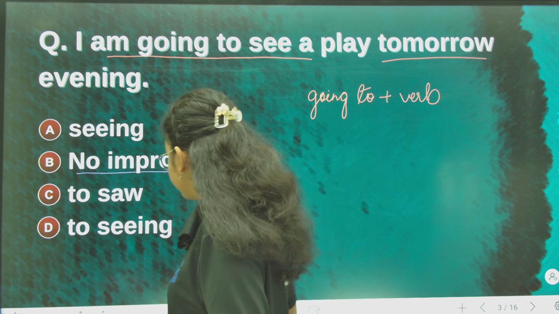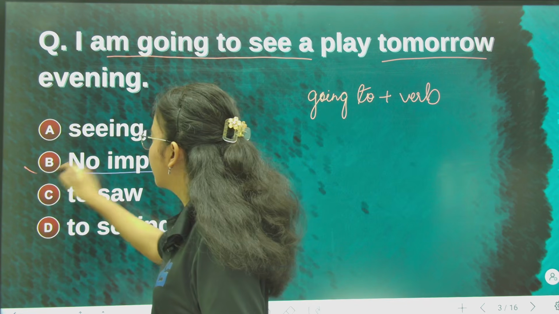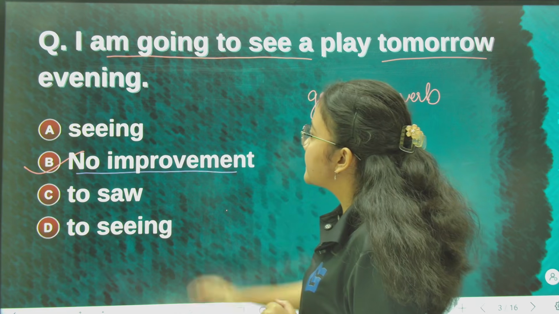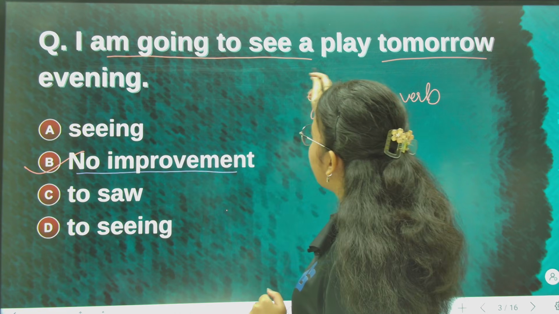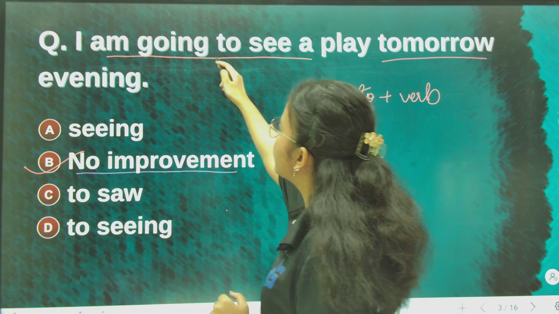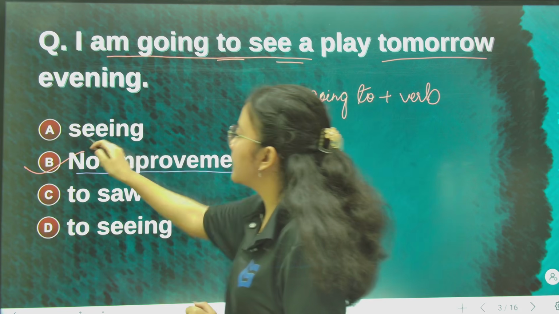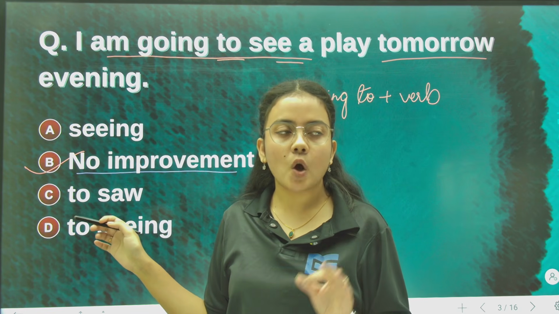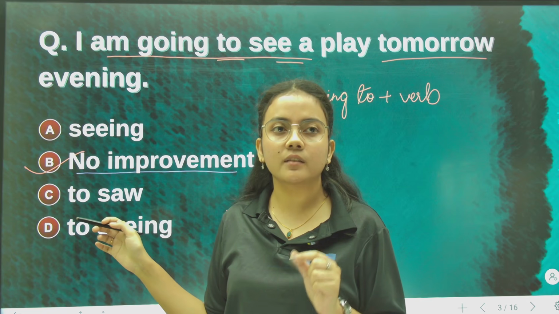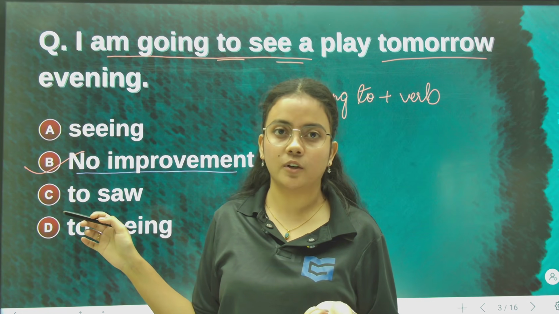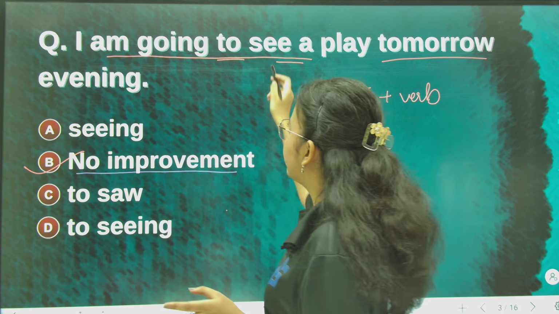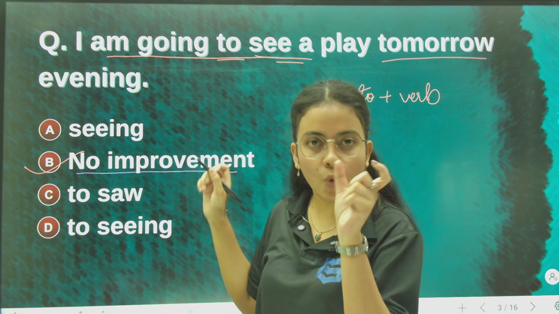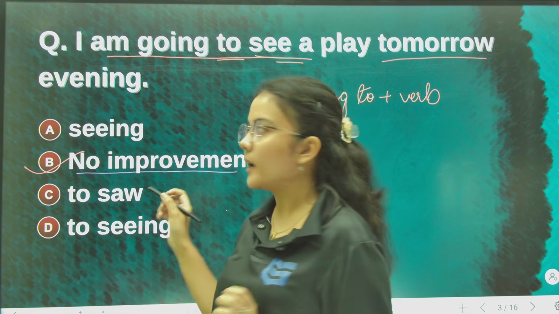This will be the correct option. Seeing is not correct, I am going to seeing, after to we never add continuous ing. After to we do not add ing with an infinitive form of the verb. We keep the verb in its base form, the original form.